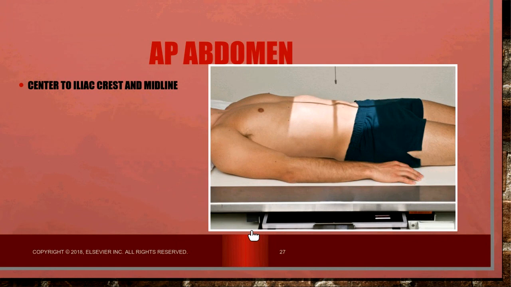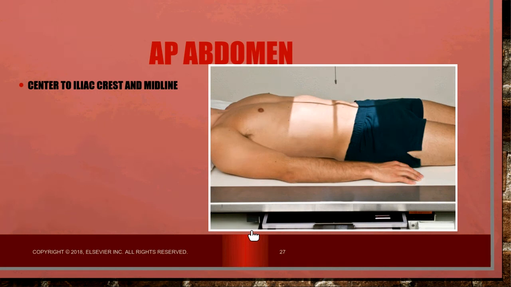And that second paragraph says a broad hypersthenic patient may require two 14 by 17 image receptors placed landscape or crosswise. One is centered low to include pubic symphysis, and then the second one is for the upper abdomen, and they have to have a minimum 1 to 2 inches of overlap.